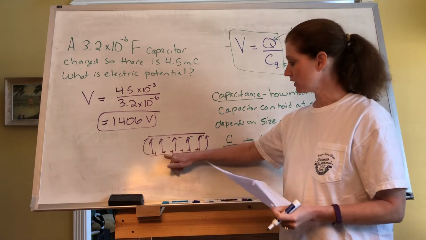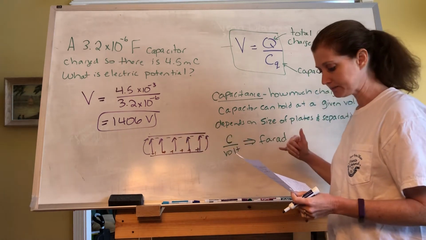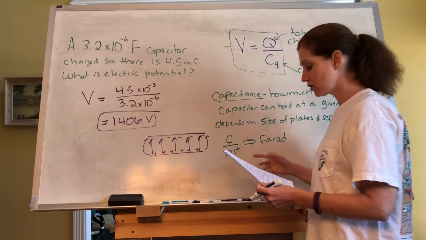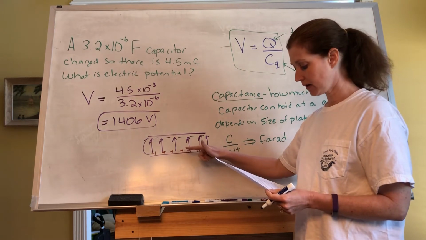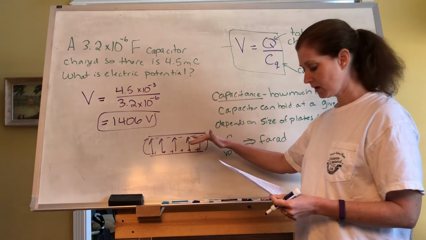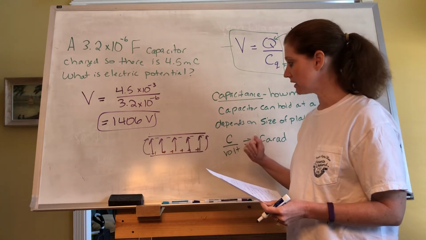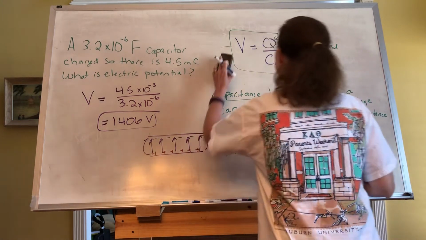The electric potential going from positive to negative is 10 volts, okay? So a free moving charge would experience a change of 10 volts as it traveled from one plate to the other in the capacitor, okay?